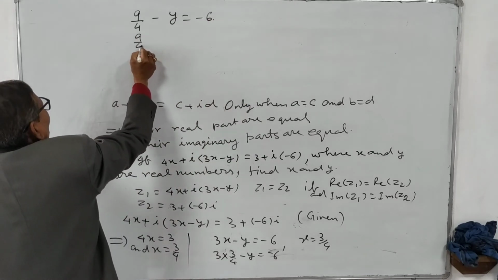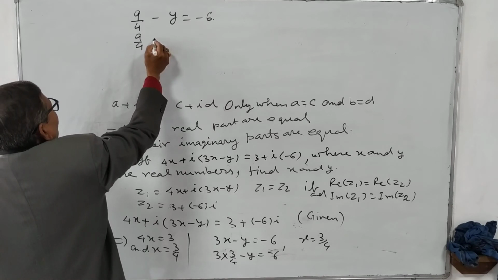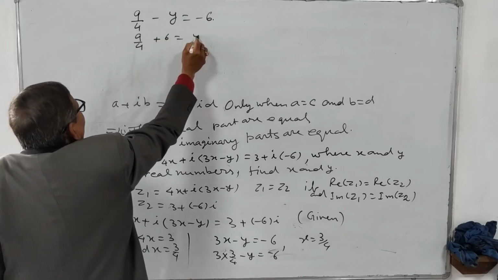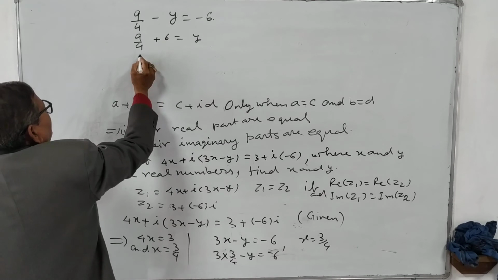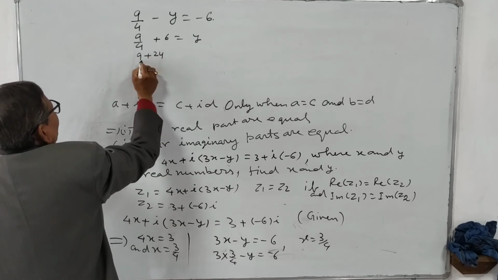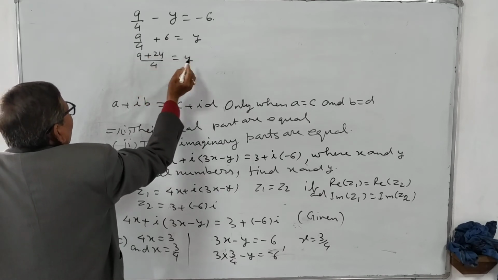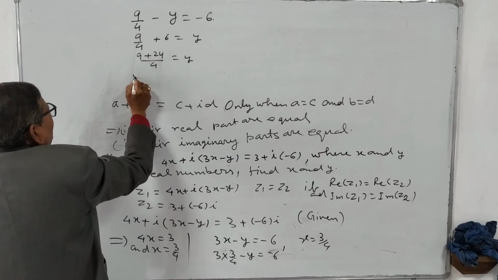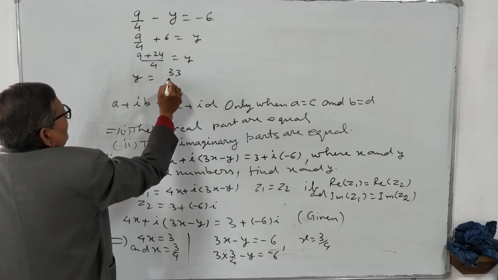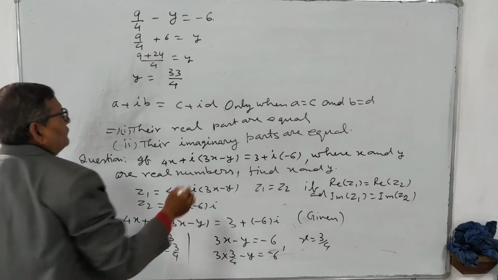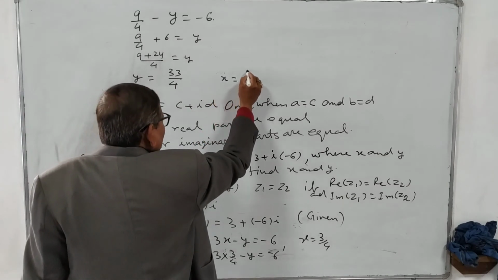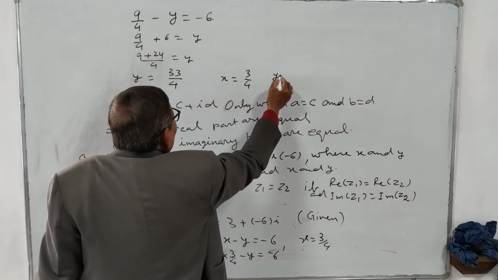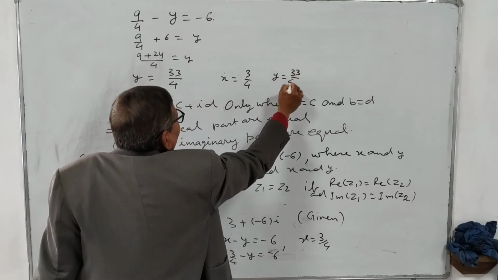So 9 by 4 plus 6 equal to y. That is 9 plus 24 by 4 equal to y. Transferring the side, y is equal to 33 upon 4. So your value of x is 3 by 4 and your value of y is 33 by 4.